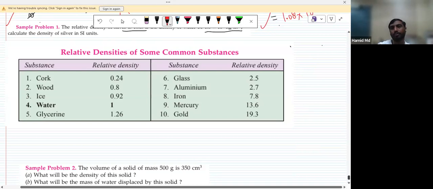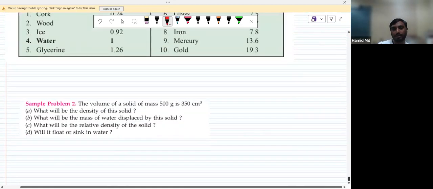Water is taken as the unit amount, and then see the cork, wood, ice, glycerine, gold and all those things. By this problem, we will be ending this chapter.